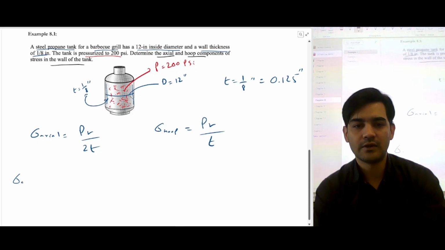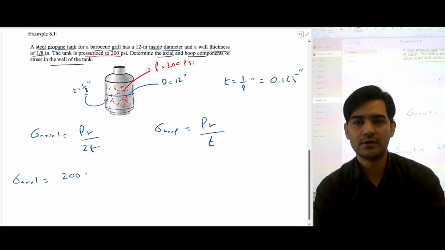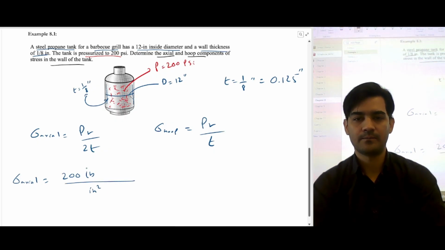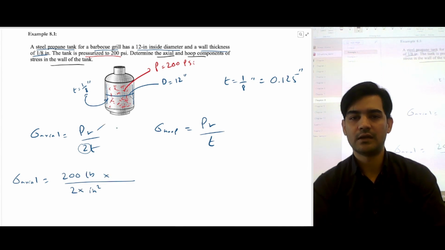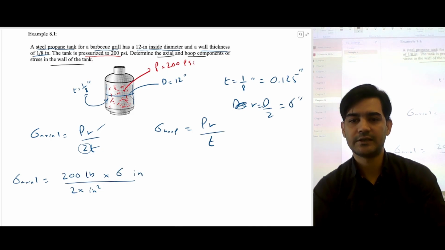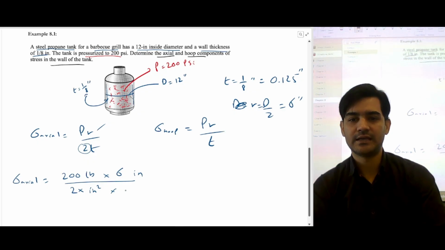So if you want to calculate the axial stress, pressure is 200 pounds per square inch, this is the 2, and then our radius, this is diameter, so radius would be equal to diameter by 2, which is 6 inches. So radius is 6 inch and thickness is 0.125 inch.